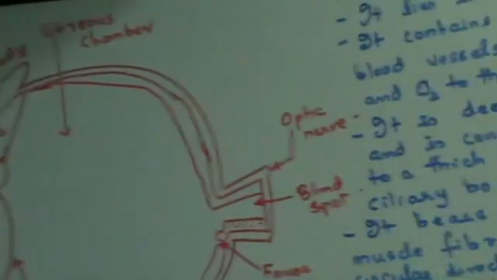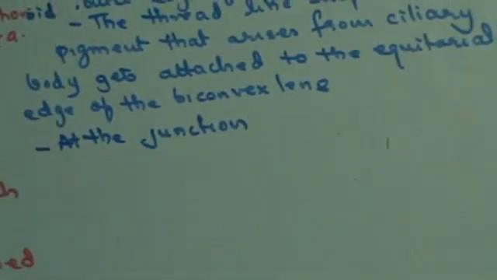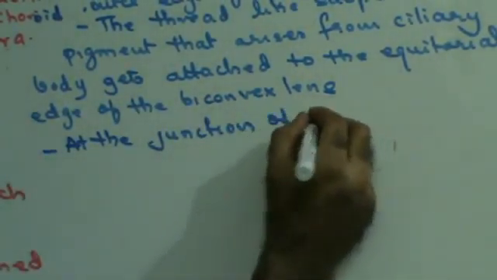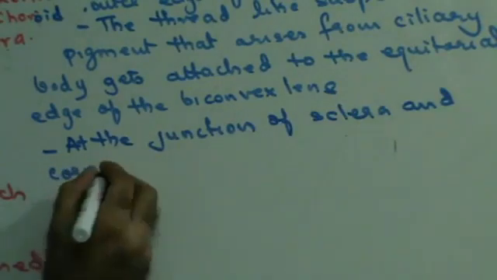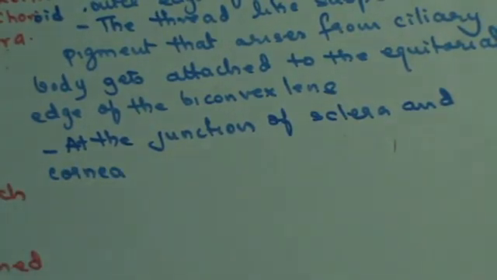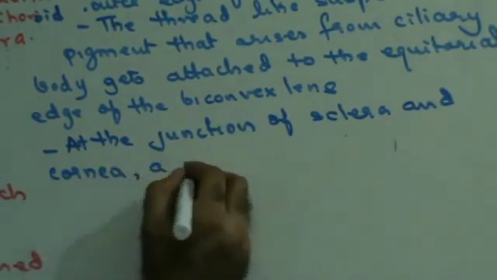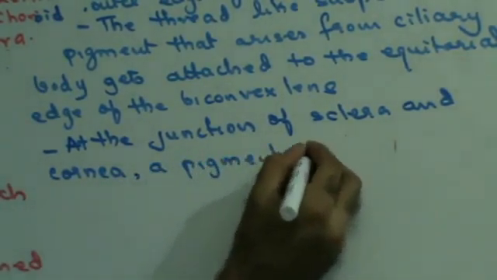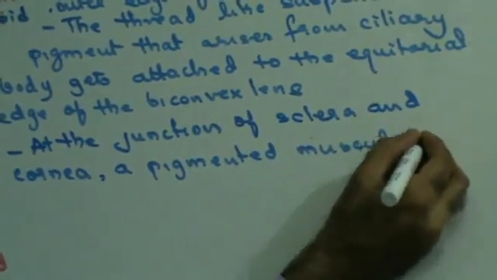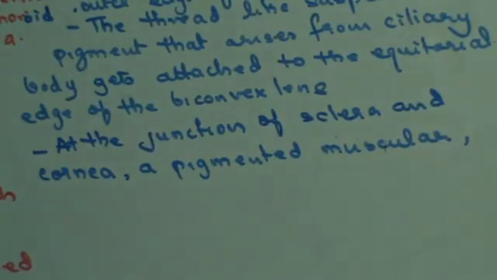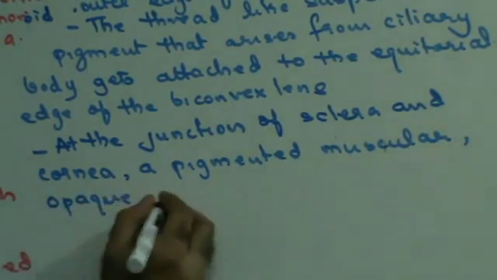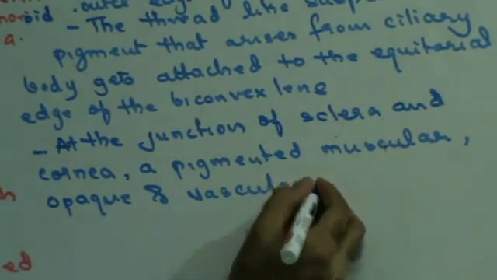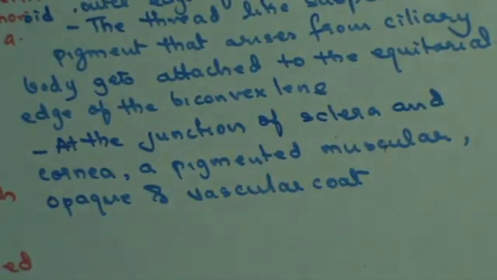Next, I can say at the junction of the sclera and cornea, a pigmented, muscular, opaque and vascular coat arises from the ciliary body.